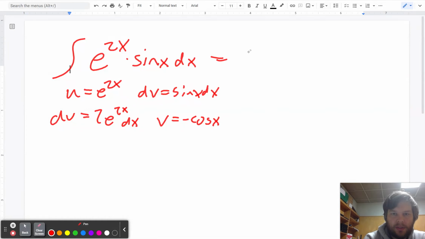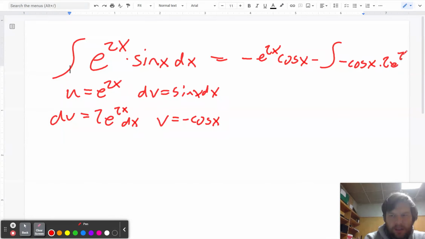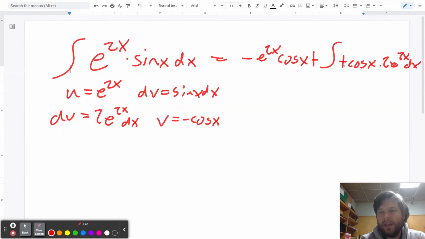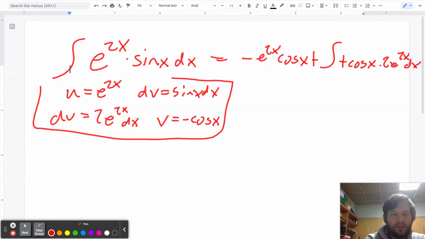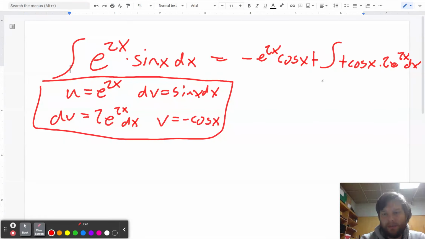So we have u v minus the integral of v du. Switch the negatives to positives. Now it's important that whatever choice you made here for u and v is sort of the same choice you're making over here. So I'm going to say u is 2e to the 2x, and dv is cosine x dx.